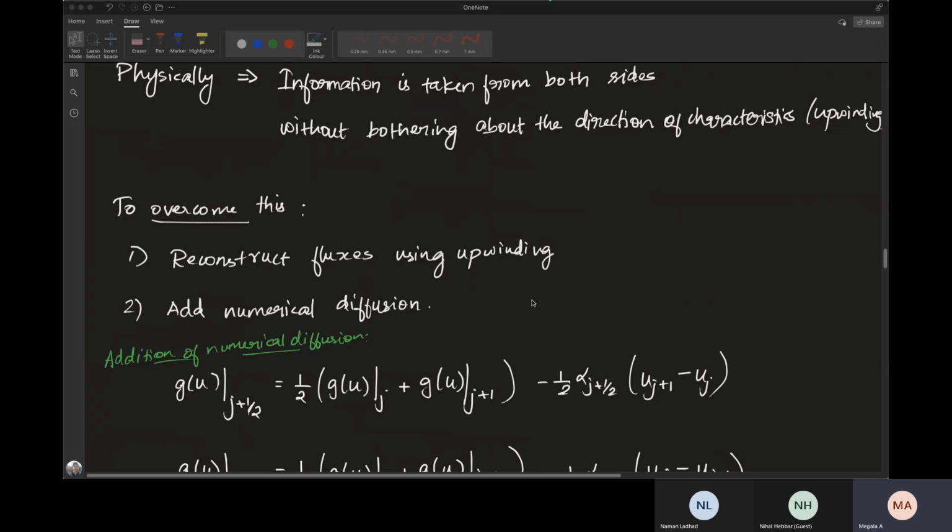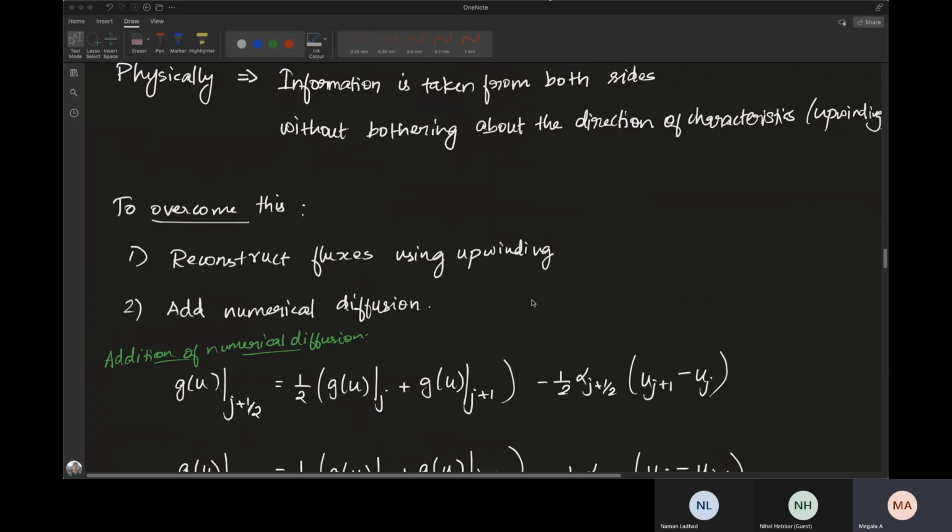That is, you consider the direction, that is the slope of your characteristics, and depending on that you take either the left state or the right state. We saw that when the wave speed is positive you go for backward differencing, and when your wave speed is negative you go for forward differencing. Likewise, you can do something here.